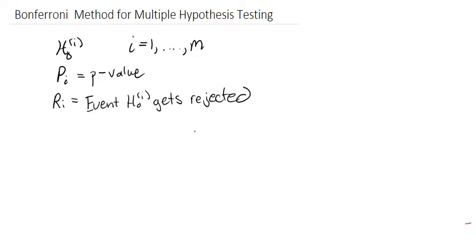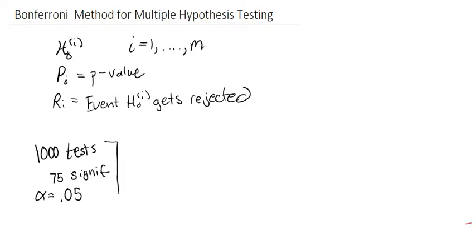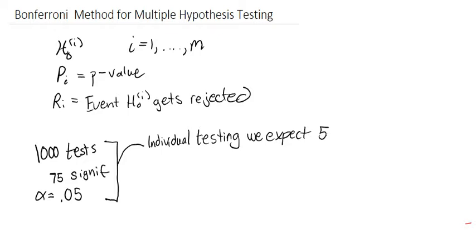So in practice, if we take a lot of individual hypothesis tests, let's say 1,000 tests, and 75 tests are significant, and let's say alpha was equal to 0.05, then in an individual testing situation, we would expect that 5% of 1,000 will be false discoveries or type 1 errors.